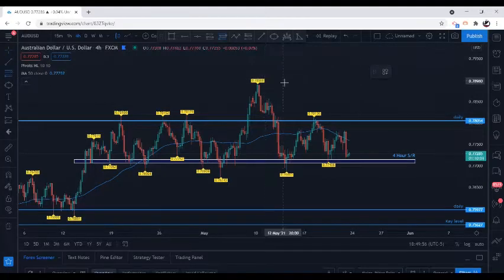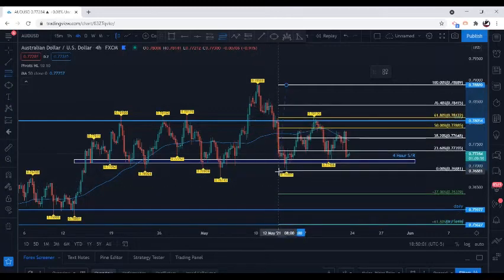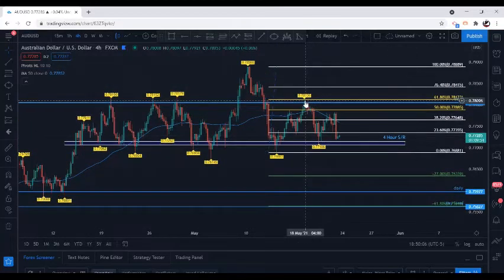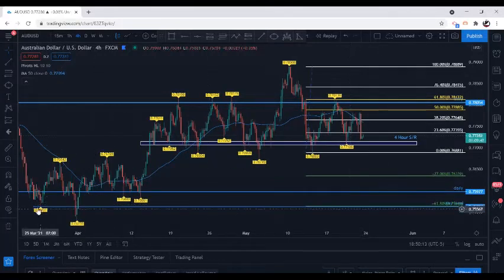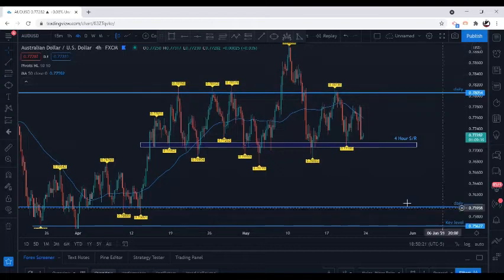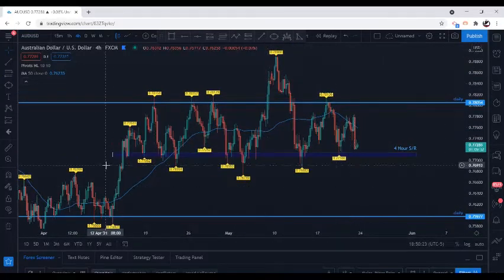And if I draw my Fibonacci retracement tool from this high to this low, you can see that the 61.8, which is a rejection of the goal zone, to the negative 61.8, is timed up with this key level right here. So that is why I take this level into consideration. So right here on my 4-hour, I identify this key level of support that has been holding from April.